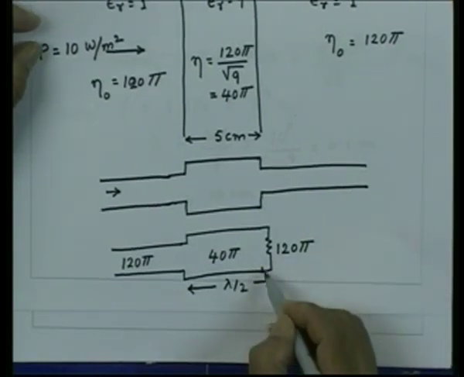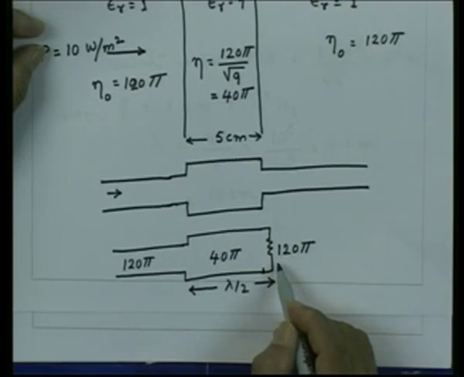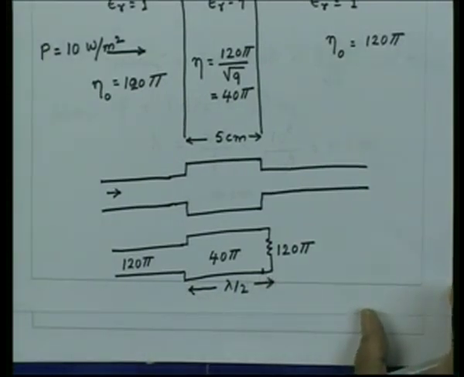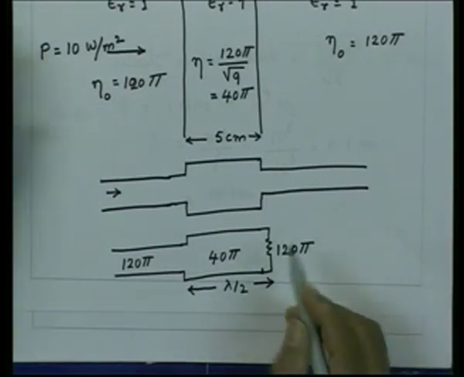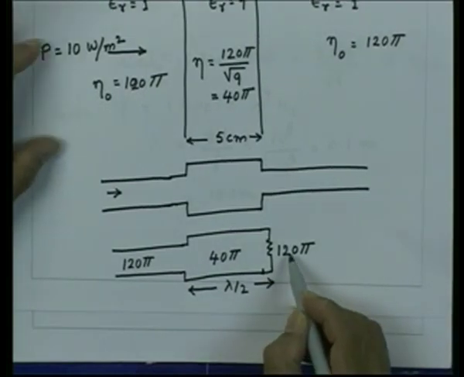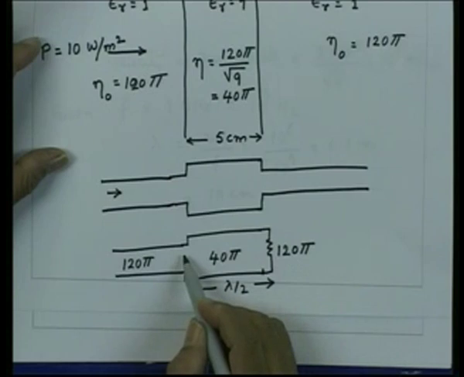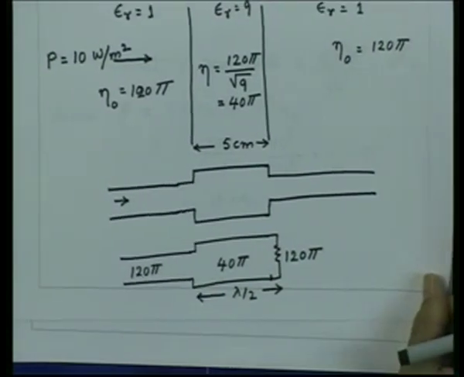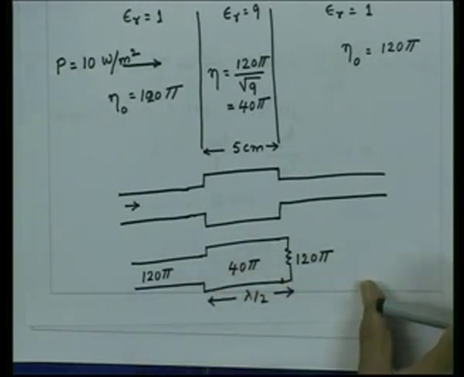The normalized impedance that you see is transformed to the same value at a distance of lambda by 2. So, we can calculate this impedance and transform it to the other side, and you get the impedance of 120 pi on the other side.